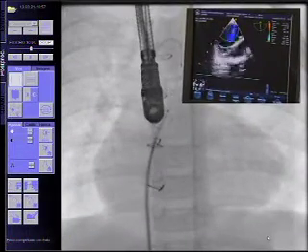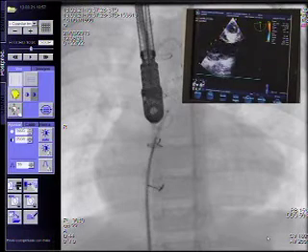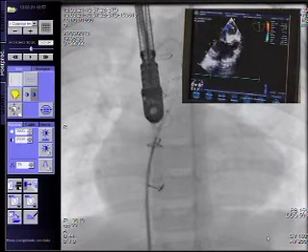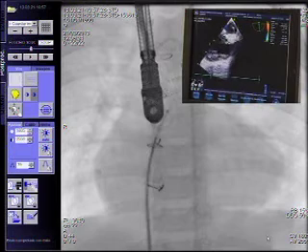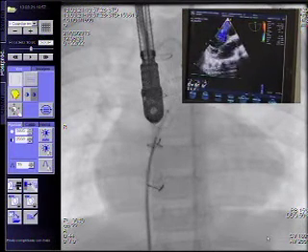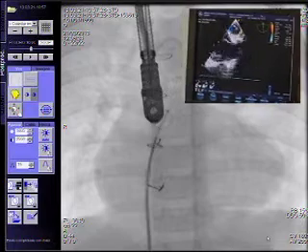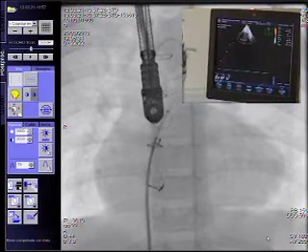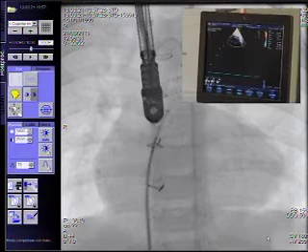I would rather prefer the AP fluoroscopy plane, but I have some overlapping from the TEE echo. So, Manolo, can you get out the TEE echo some millimeters? O sea, me hace sombra. ¿Puedes sacarla un par de centímetros? La sonda.